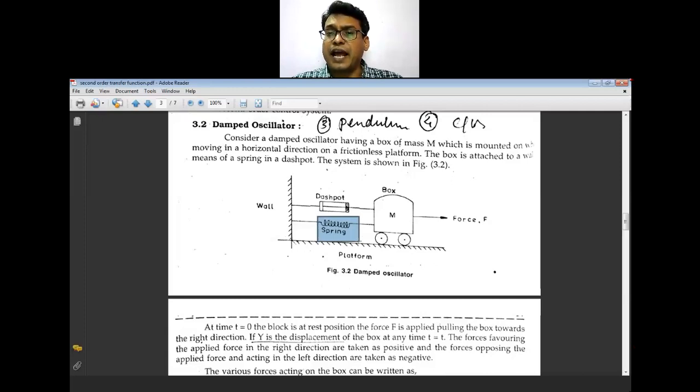This spring and dashpot both oppose the forward movement, because I am applying the force F to this box which has the mass m. So the applied force is in the x direction, and opposing it are your dashpot and your spring. Both are going to oppose this applied force.